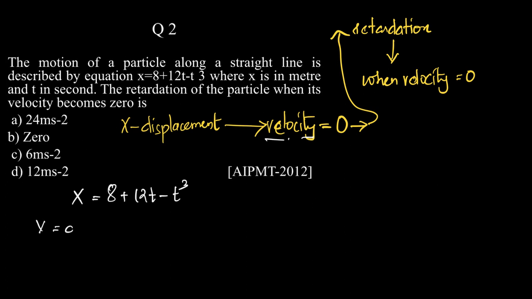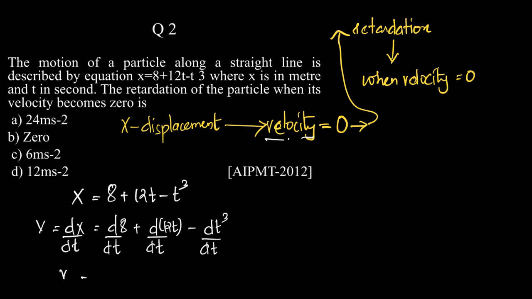Velocity v is equal to d by dt of x, which is d by dt of 8 plus d by dt of 12t minus d by dt of t cube. So v is equal to d by dt of 8 is 0, d by dt of 12t is 12, and d by dt of t cube is 3 into t square. Oh, it's 12, right? Sorry, so it's 12.